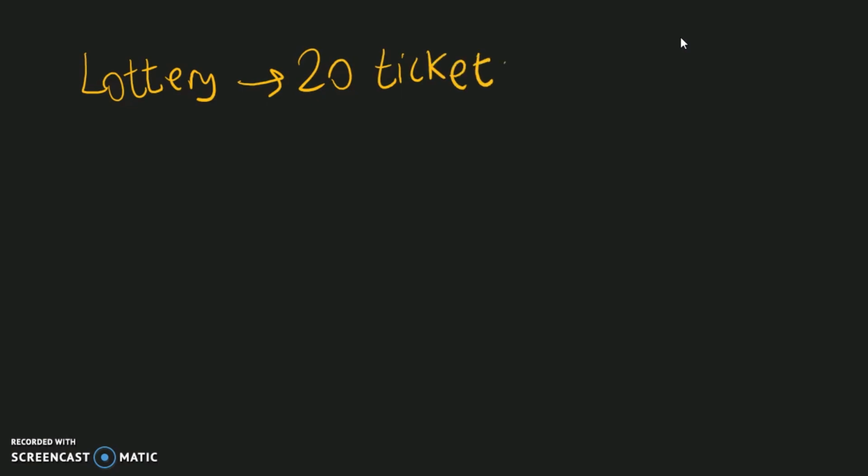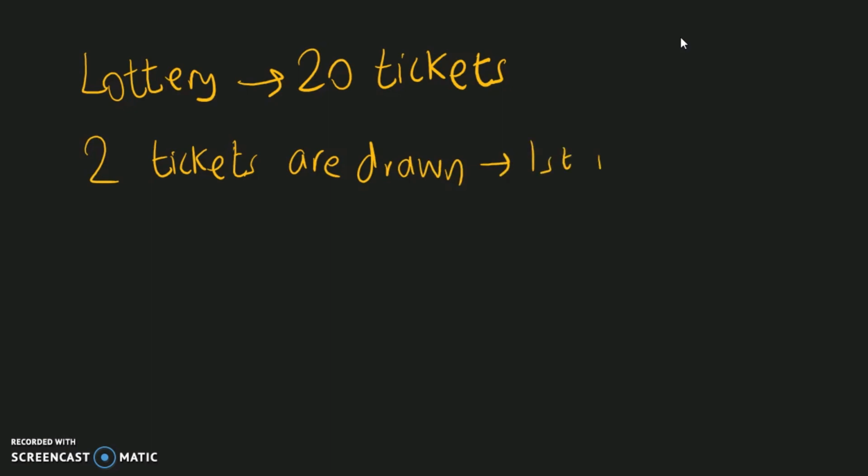But it's not always as easy as this. If we have more interesting scenarios such as this, we have a lottery with 20 tickets. 2 lottery tickets are drawn, first prize and second prize.